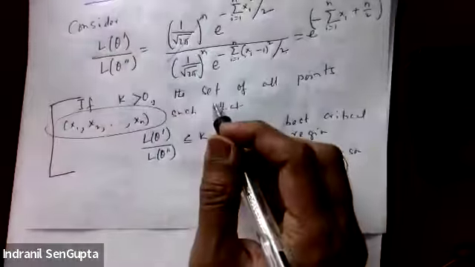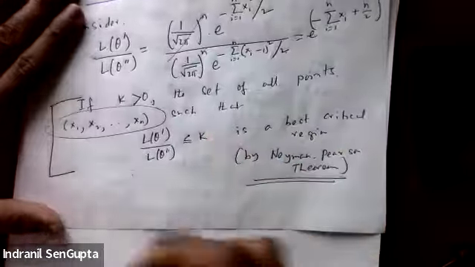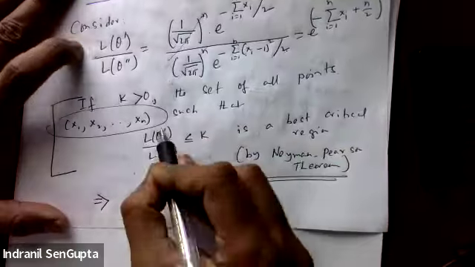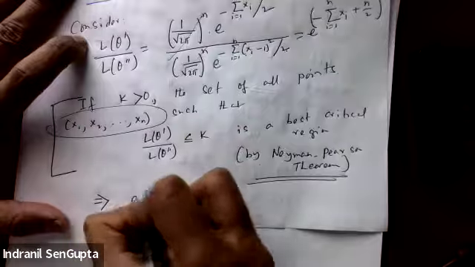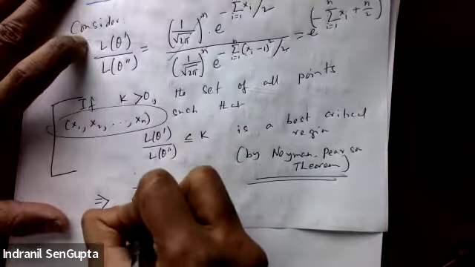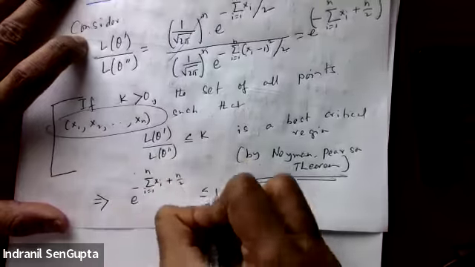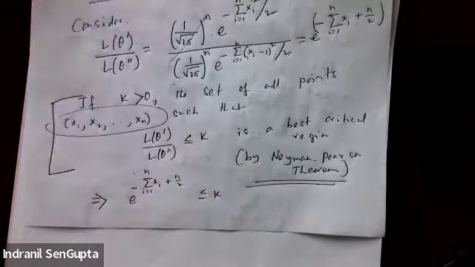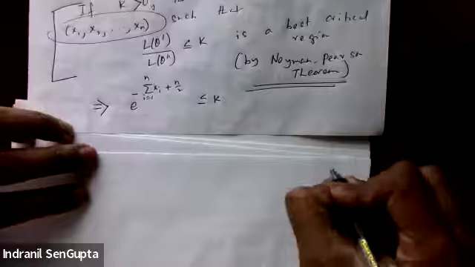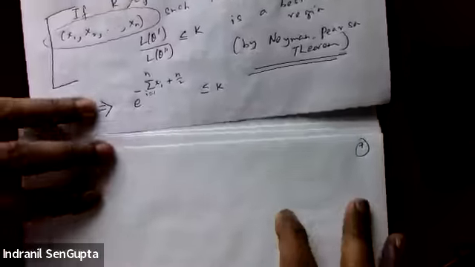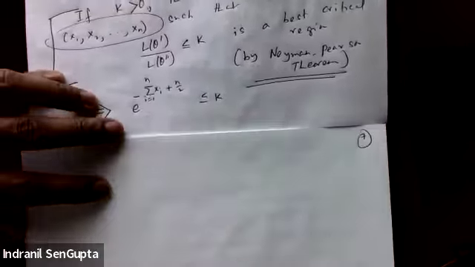Now, let's massage that a little bit. What do we have? This quantity means e to the minus sum over i from 1 to n of xi plus n over 2 is less than k. So for all x1, x2, xn for which this is satisfied, it's called the best critical region.